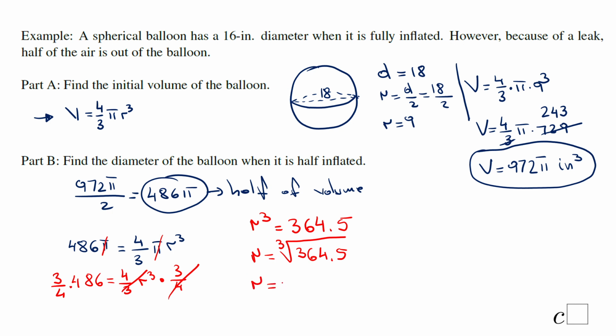Hopefully it's correct. 19 point, I'm going to copy the first, let's say 4 decimals. And for finding the diameter, we're just going to have to double this radius. So whatever number you have in your calculator, multiply by 2.